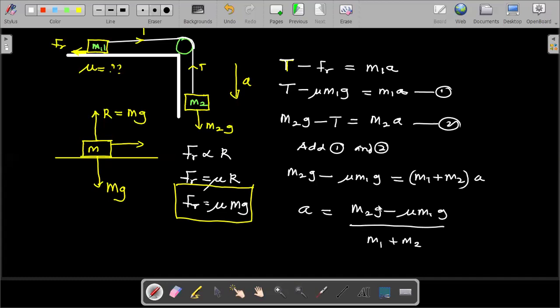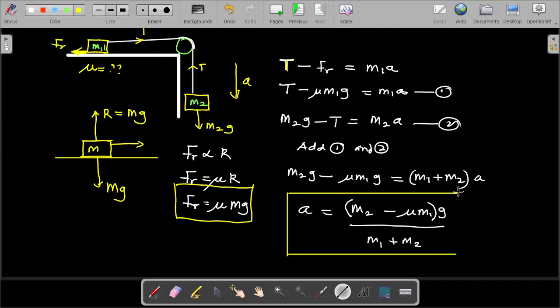Because of that, we can factorize it out and put it outside the bracket, so that we have a new relation for our acceleration. So this gives a relation for the linked acceleration of the two objects passed over a smooth pulley, with one sitting on the table and the other one dangling.